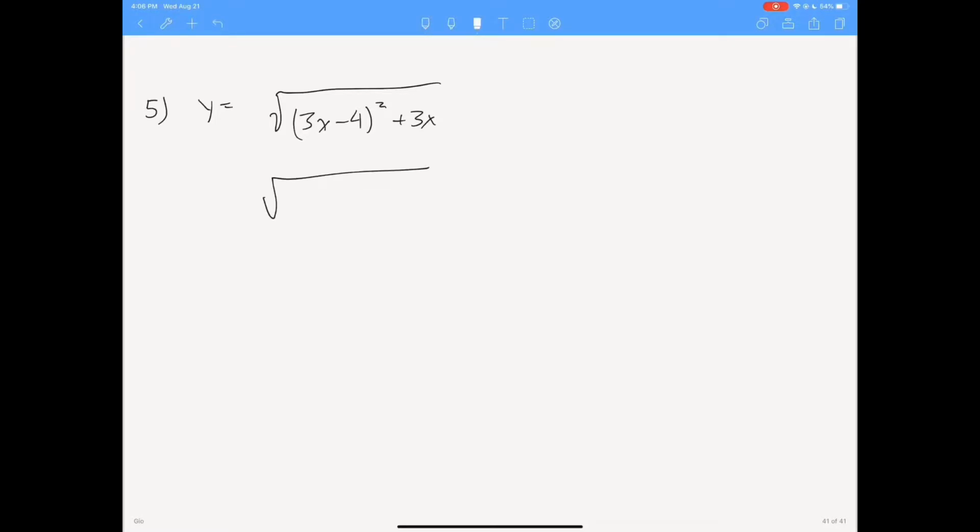So we'll just say our radical is our outside function, so it's some quantity raised to 1/2. And our inside function, our u, we'll say is 3x minus 4 quantity squared plus 3x.